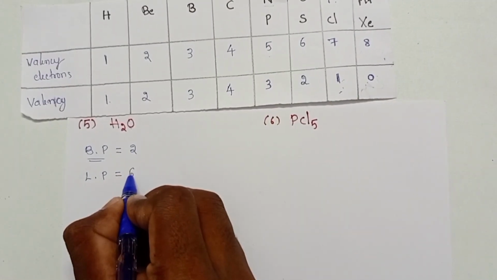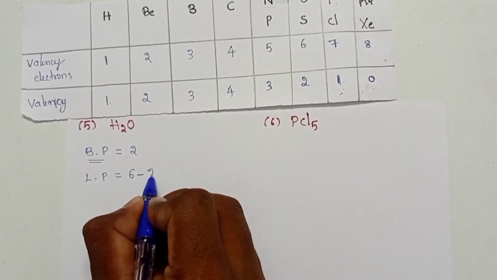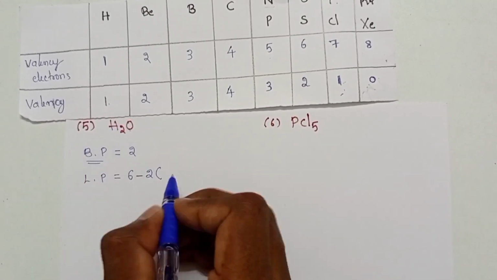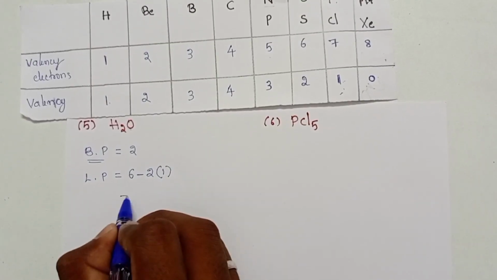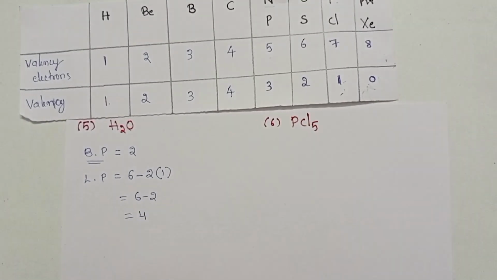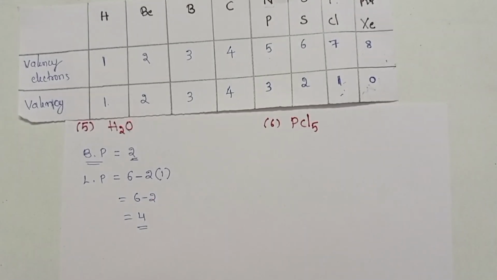So I will write 6 minus the number of surrounded atoms. How many? 2, into the valency of surrounded atoms. Hydrogen is the surrounded atom, and the valency of hydrogen is 1, therefore 6 minus 2 is equal to 4. Therefore the number of bond pairs is equal to 2 and the number of lone pairs is equal to 4.